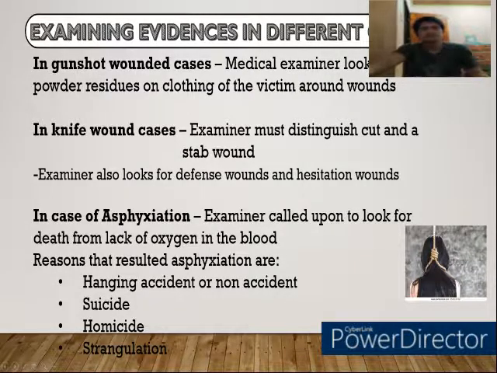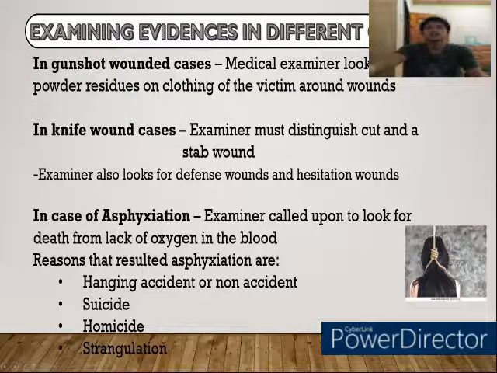Next is the case of asphyxiation. The examiner is called upon to look for death from lack of oxygen in the blood. Asphyxiation is a process of being deprived of oxygen, which can result in unconsciousness or death.